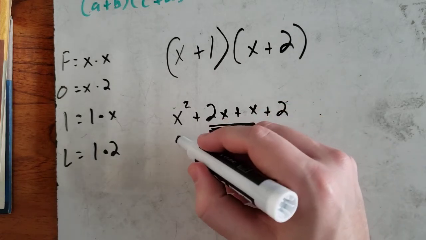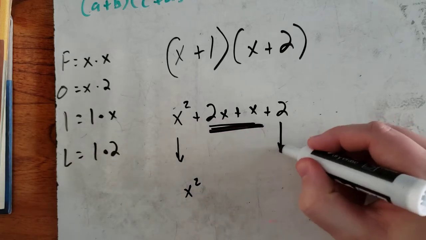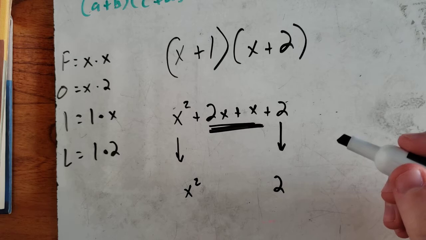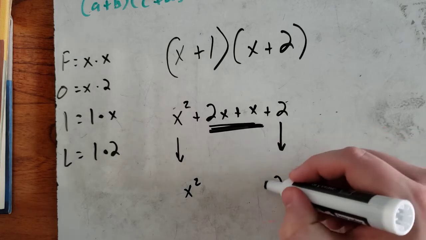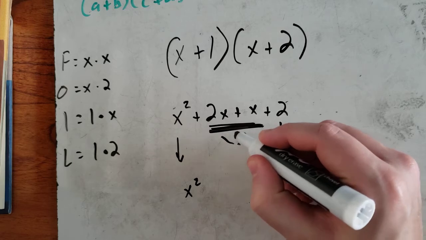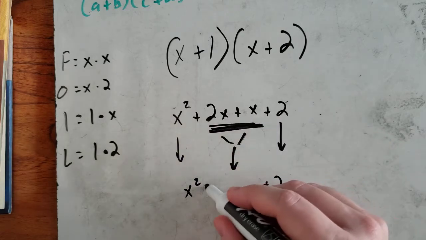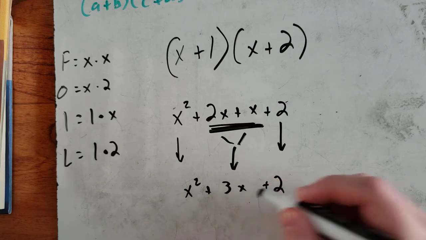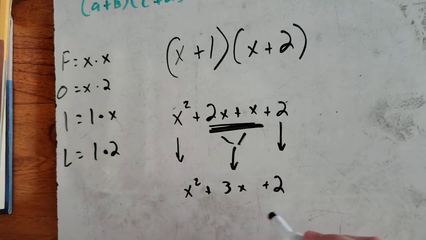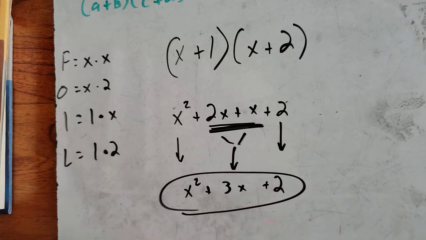So our first term gets dropped down, okay? X squared, all right? Our last term, 2, gets dropped down, okay? That's a plus 2, so plus 2 gets dropped down. Our middle term here gets added up and dropped down. So 2x plus x, if you do it, would be 3x. So our final answer here, x squared plus 3x plus 2.